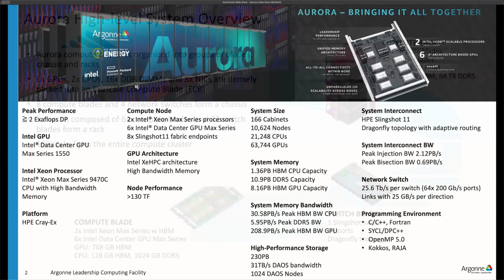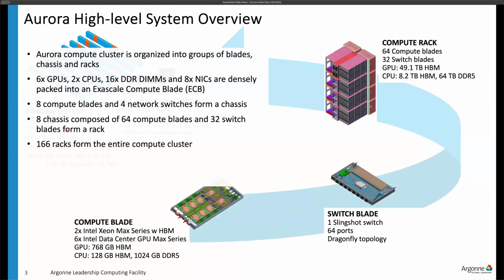So moving on, this is the next slide. I've tried to give a kind of breakdown of how we group the system together, right? To start off with, the entire cluster is organized as blades, chassis, and racks, right? We have about 166 racks in total.